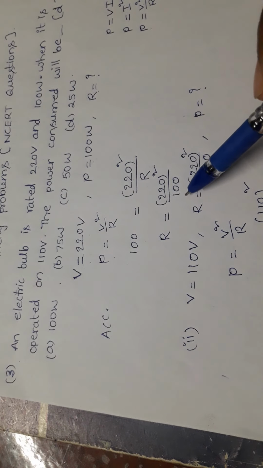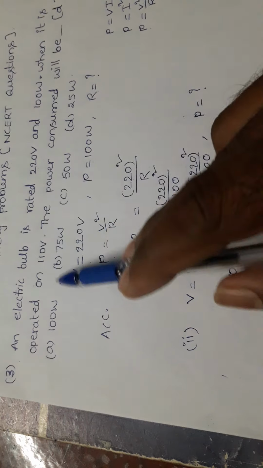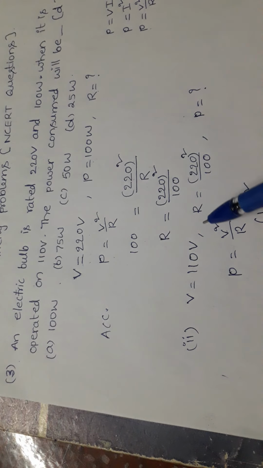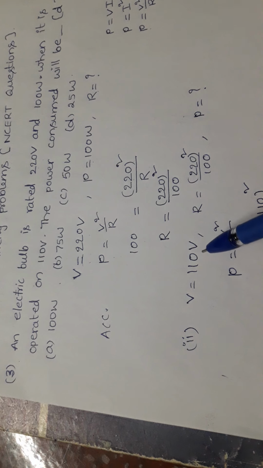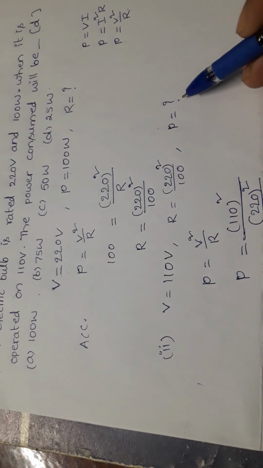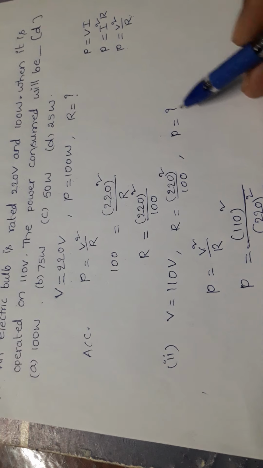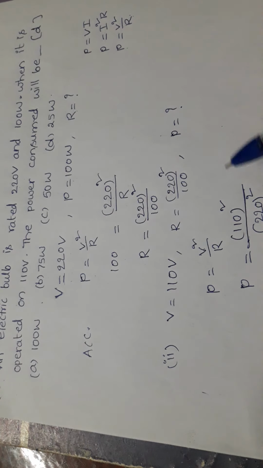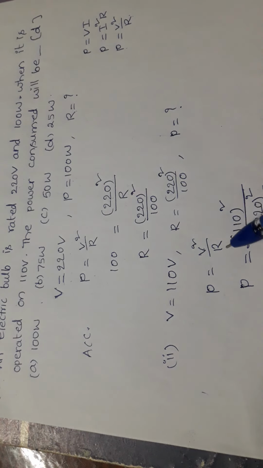But here it is also asking when it is operated on 110 volts. So the second case is V is equal to 110 volts, and R is 220 whole square by 100, and P is equal to question mark, because we will find the power consumed.